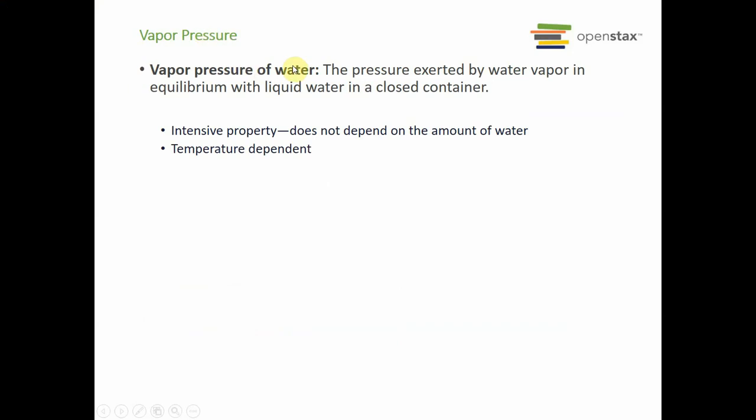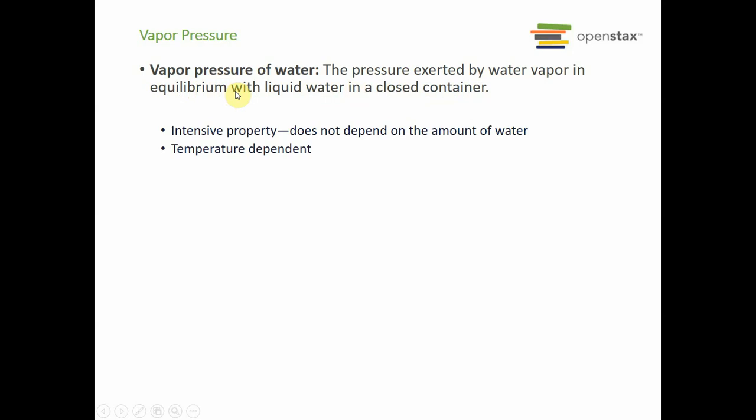The vapor pressure of water is the pressure exerted by water vapor in equilibrium with liquid water in a closed container. The key word here is equilibrium, which means it's as wet as it will get. If it's at any greater pressure, it will precipitate out.